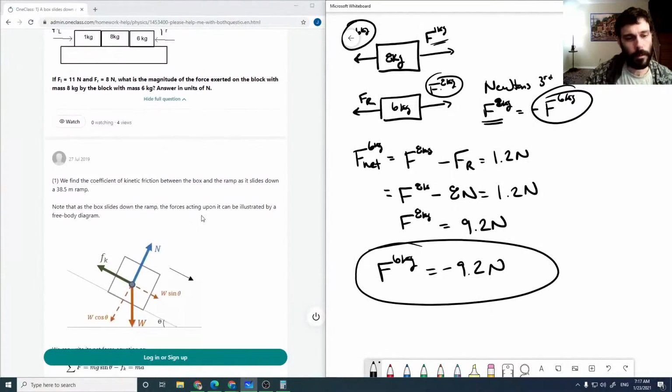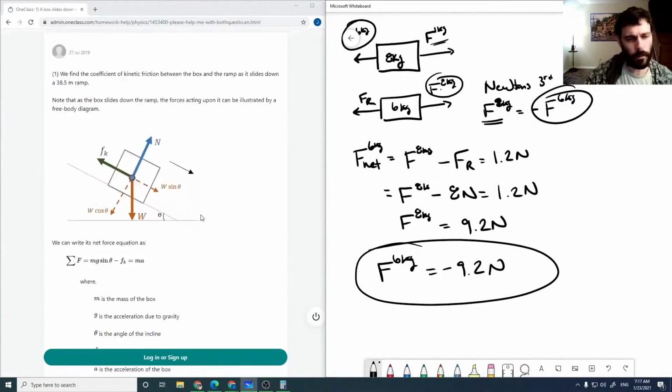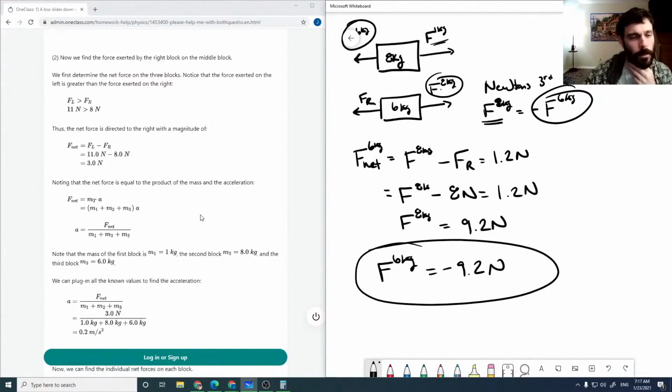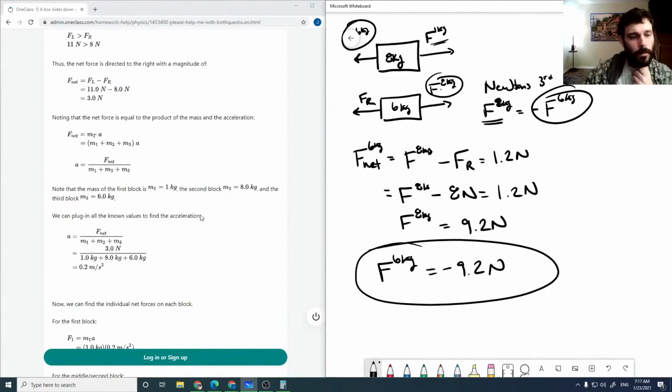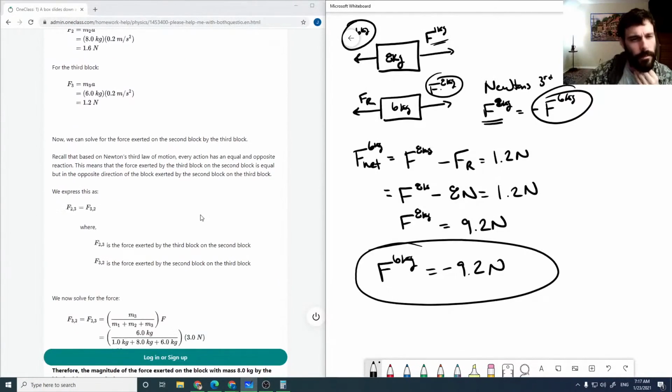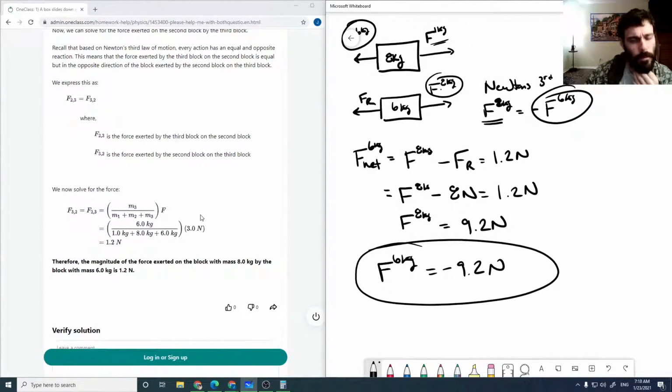Okay. So if we check our solution here, so we solve for acceleration, we can get each of our individual F nets. Use Newton's third.